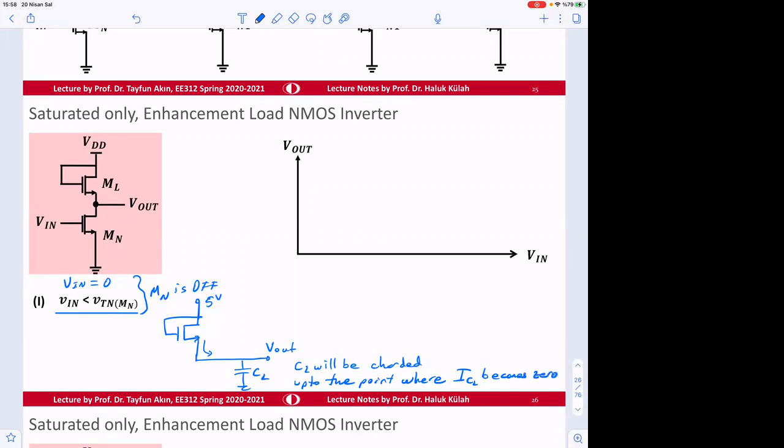So there is going to be a certain maximum. We know that this is always in SAT. So if this is always in saturation, what is that current?